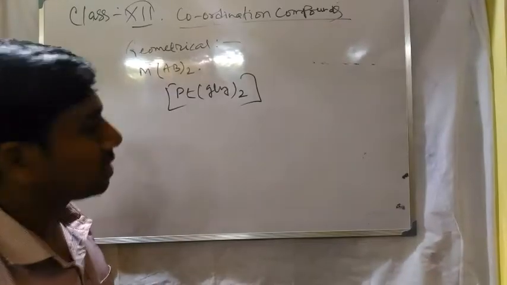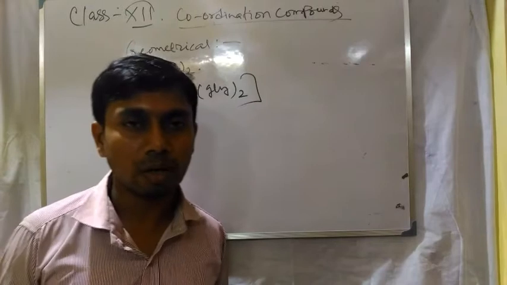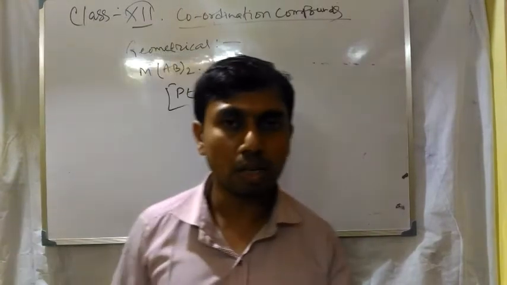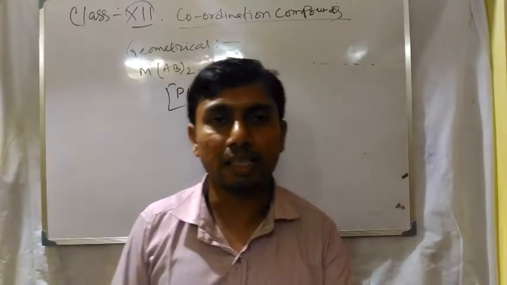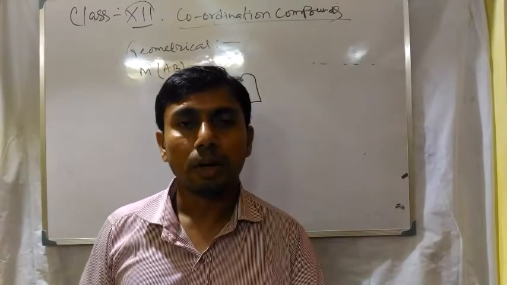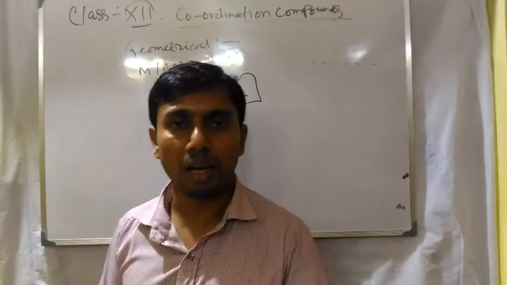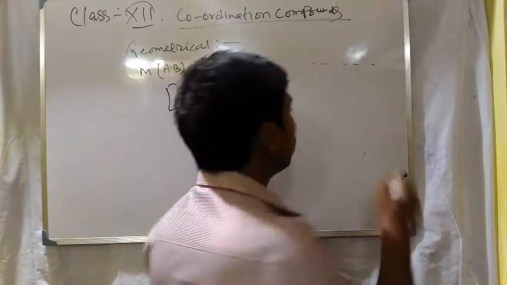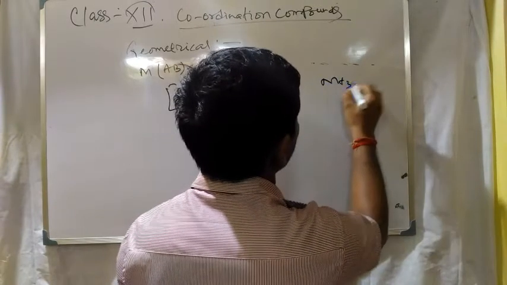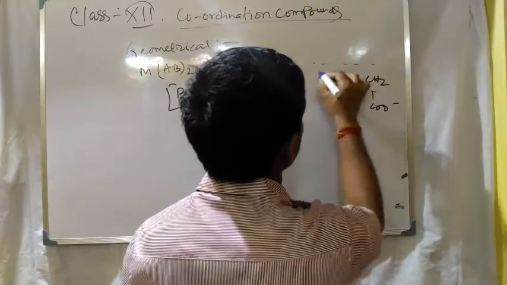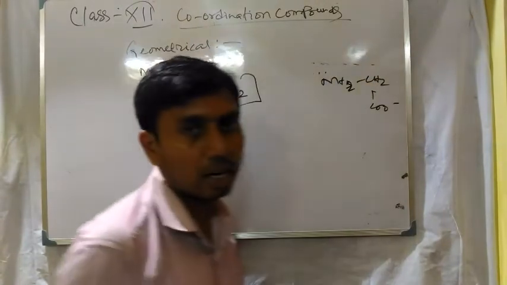Now glycine has two donor atoms. When we discussed the ligands, glycinate has two donor centers, that is, one is anionic and another one is neutral. One is NH2 CH2 COO minus. So these are the two donor atoms.